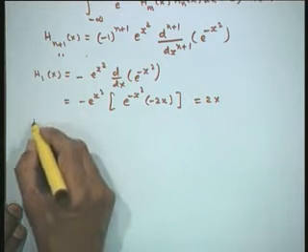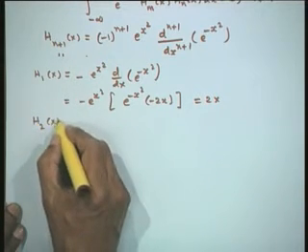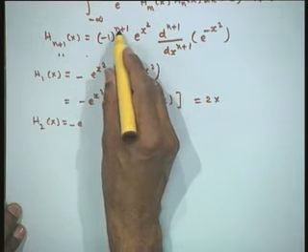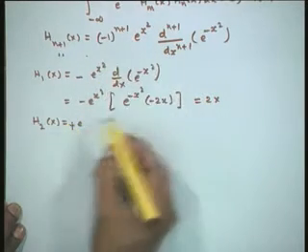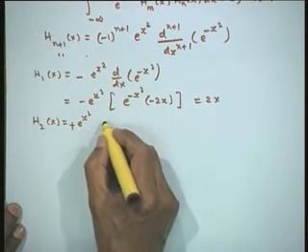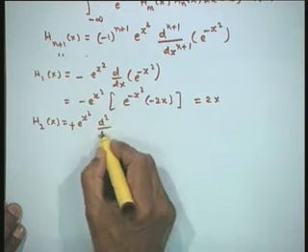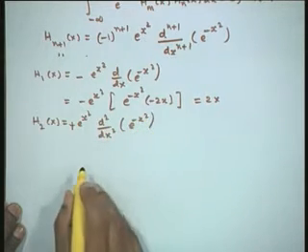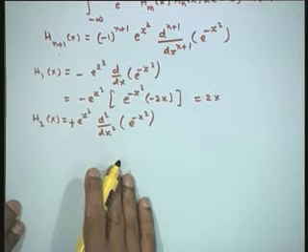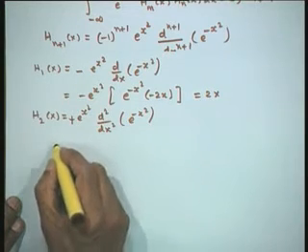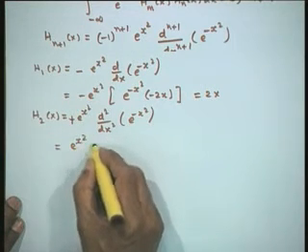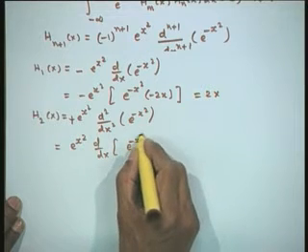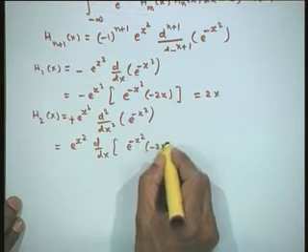Now, let us take one more polynomial, h2(x). Here n is equal to 1, therefore, I have a plus sign here, then you have exponential of x squared d square upon dx squared of exponential of minus x squared. So, let us evaluate this: exponential of x squared d upon dx of exponential of minus x squared into minus 2x.